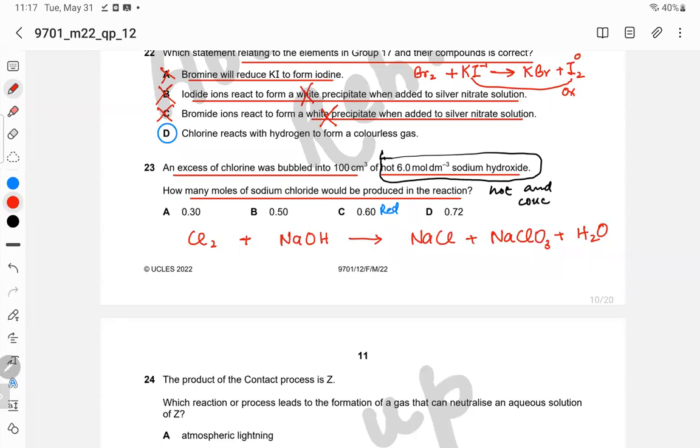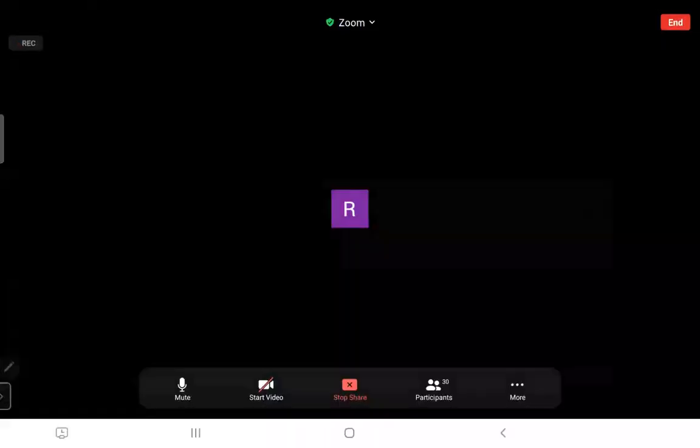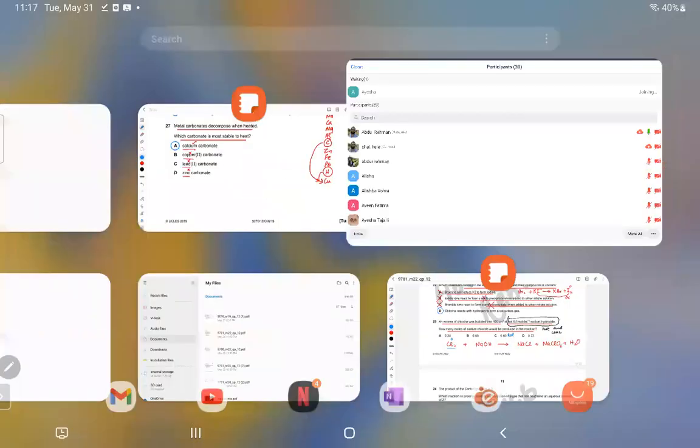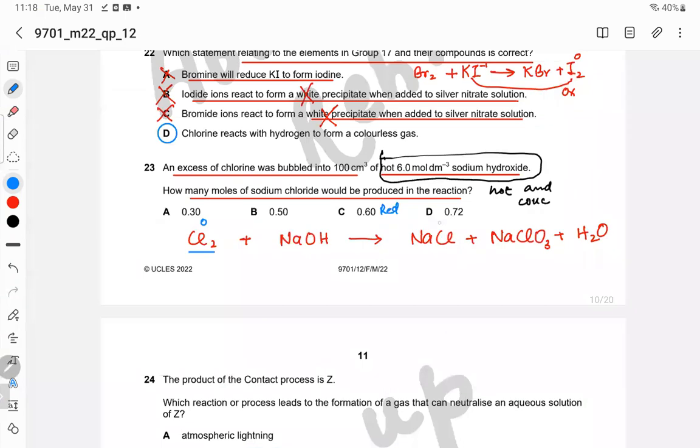Okay. Now, if we look here, we have 2 chlorine atoms. Both have a 0 oxidation number over here, right? And here this chlorine has a -1 oxidation number and this chlorine has a +5 oxidation number.